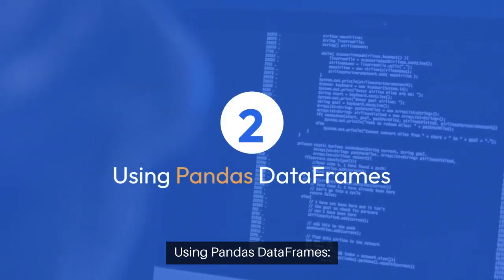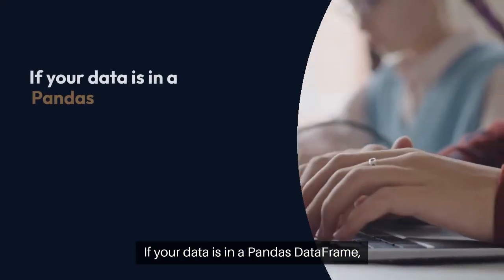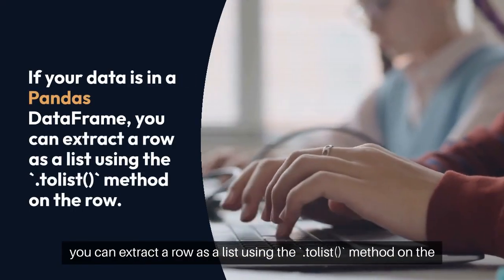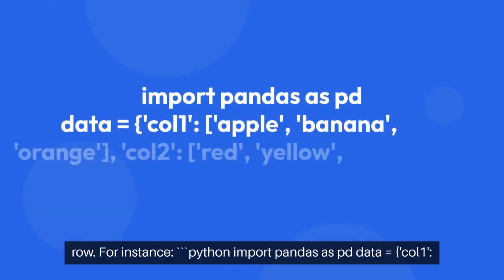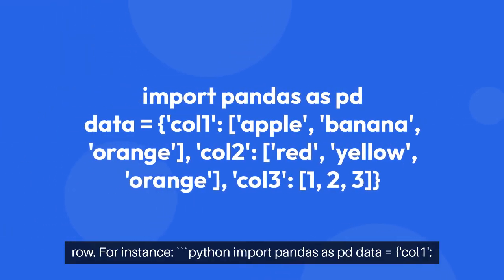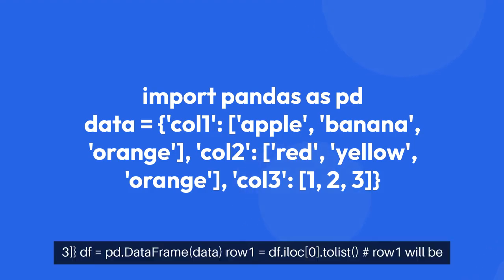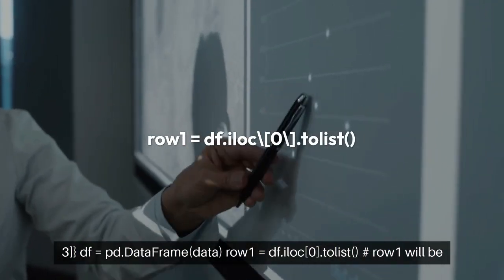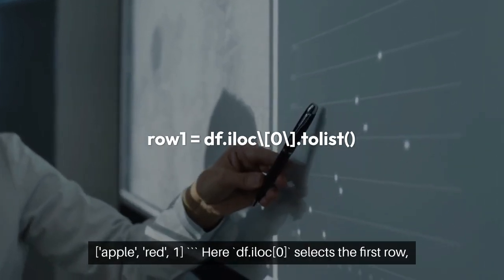2. Using Pandas data frames. Pandas is a powerful library for data manipulation. If your data is in a Pandas data frame, you can extract a row as a list using the tolist method on the row. For instance: import pandas as pd, data = {col1: [apple, banana, orange], col2: [red, yellow, orange], col3: [1, 2, 3]}, df = pd.DataFrame(data), row1 = df.iloc[0].tolist(). Row1 will be [apple, red, 1].